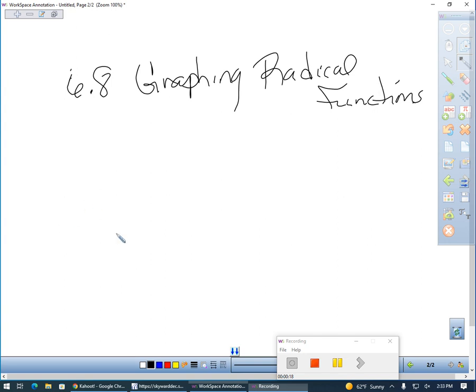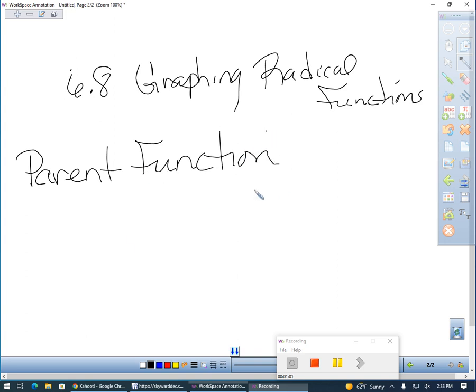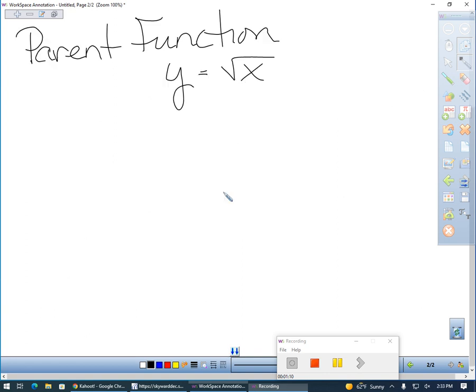Okay. So, today, if we talk about graphing a radical function, your parent function, your original function, is y equals the square root of x. When you graph this parent function, it always starts at 0, 0.